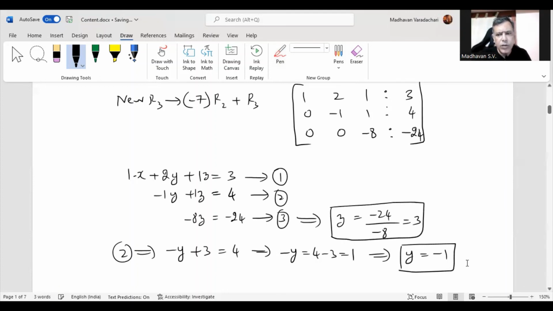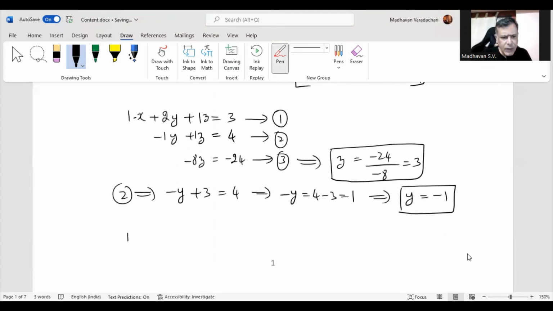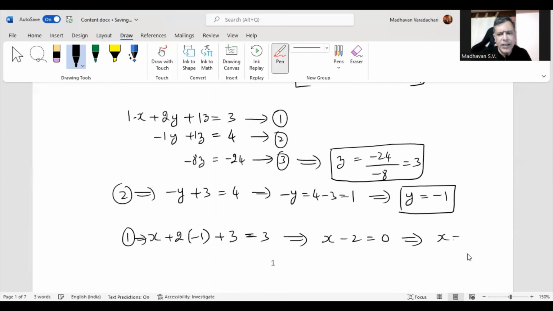Now let us go back to the first equation, which is x plus 2 times minus 1 plus 3, equal to 3. So on both sides we can cancel 3, which means x minus 2 equal to 0, which means x is 2. So we found the values of x, y, and z.